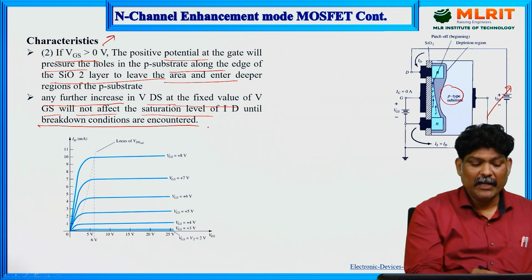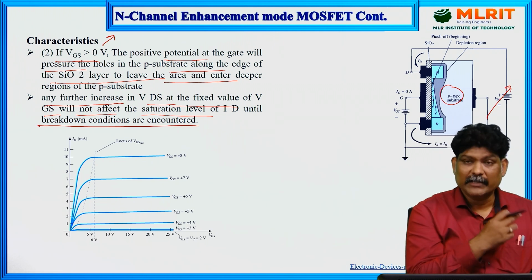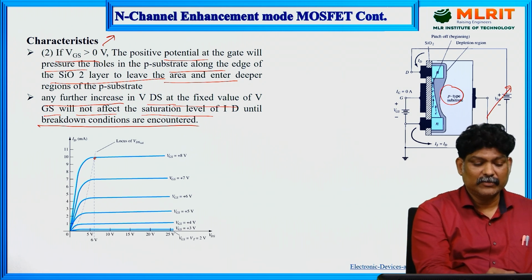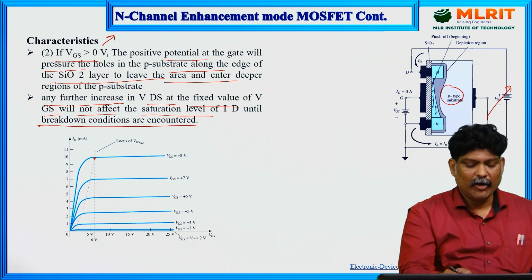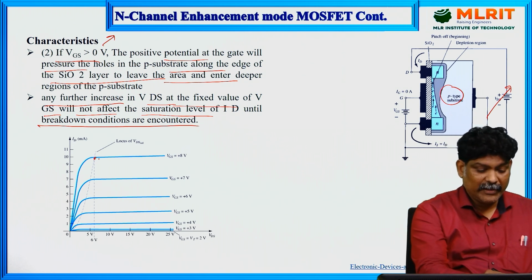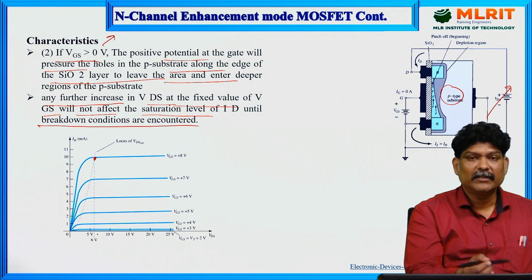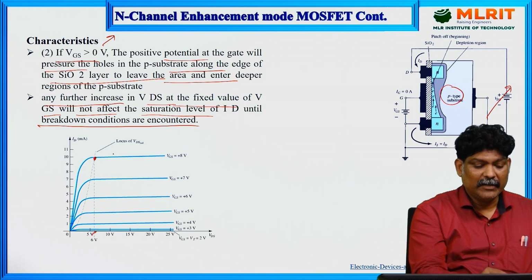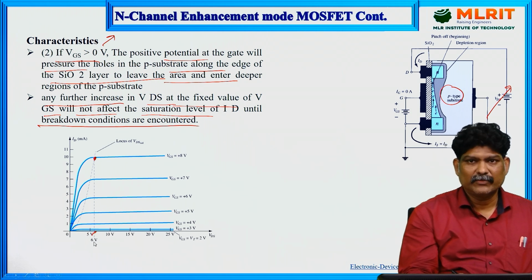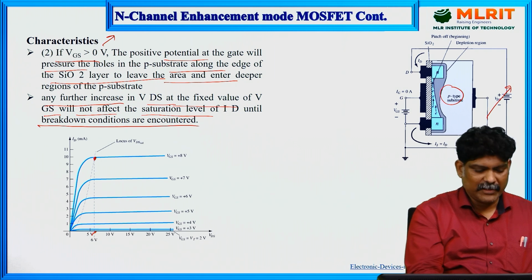Up to the breakdown voltage, there is a constant current. There is a linear relation between the output voltage VDS and the output current ID. At a particular voltage, for example this one, we can say this is the saturation level of drain to source voltage.